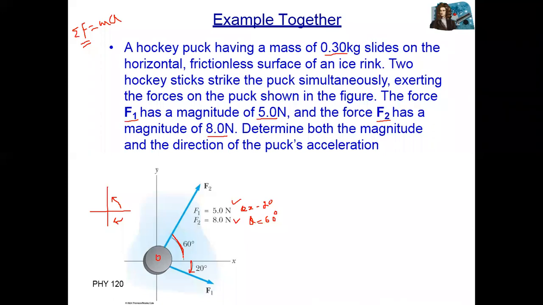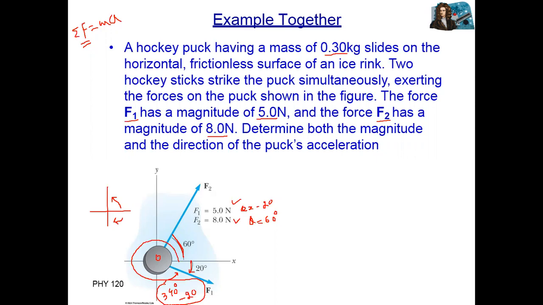Is minus 20 degrees equal to 340 degrees? Yes, you are correct. 360 minus 20 equals 340, starting from here. So 340 degrees and minus 20 are the same and give you the same value.